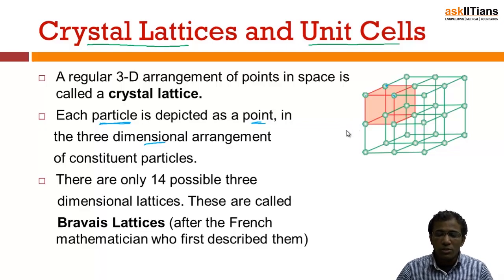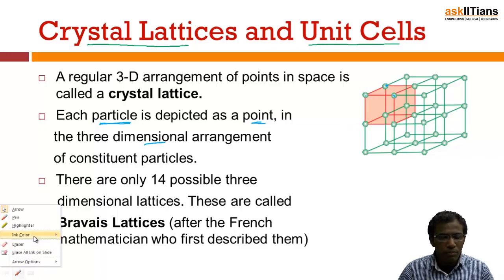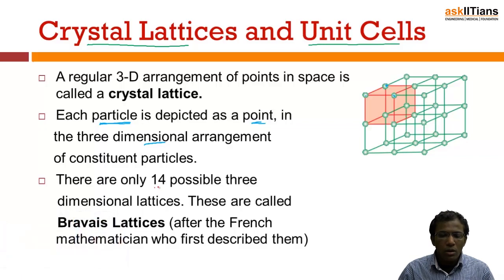He was the first person who described that there are only 14 possible 3-dimensional lattices. Remember, only 14. And these lattices are known as Bravais lattices.